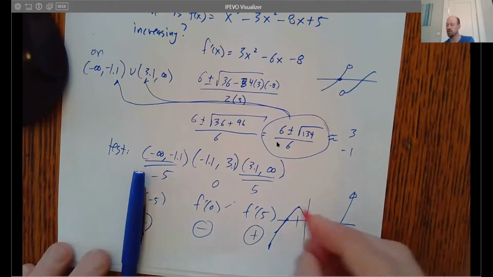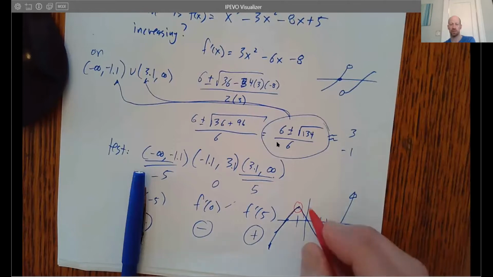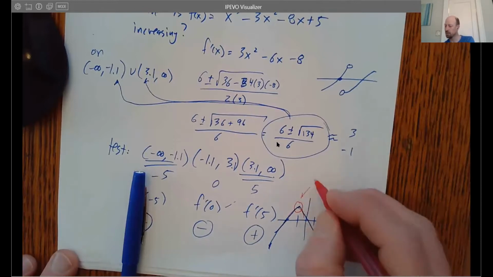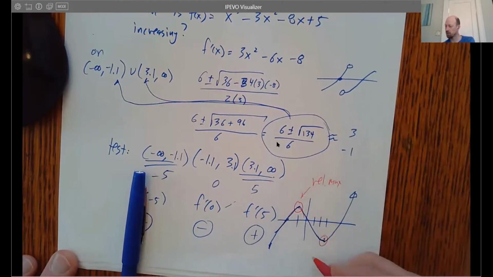If the function goes from increasing to decreasing, as long as the function exists there, that critical point, remember, if it's really a critical point, has to be part of the function. So if this is a critical point and the function goes from increasing to decreasing, this point has to be a relative max. In the same way, this point is going to be a relative minimum.